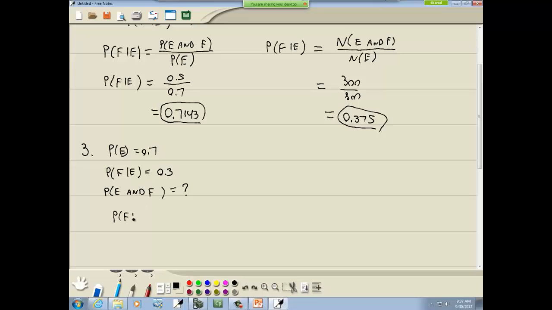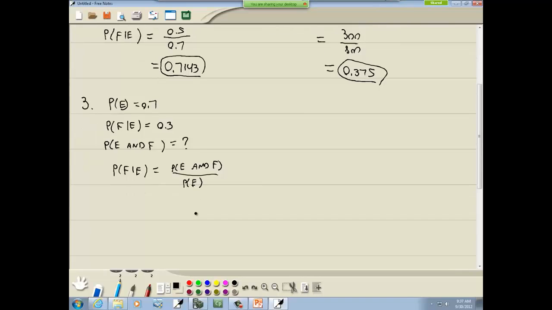So we have the probability of F given E is equal to the probability of E and F over the probability of E. The probability of F given E is 0.3. The probability of E and F we don't know, so we treat it like a variable.